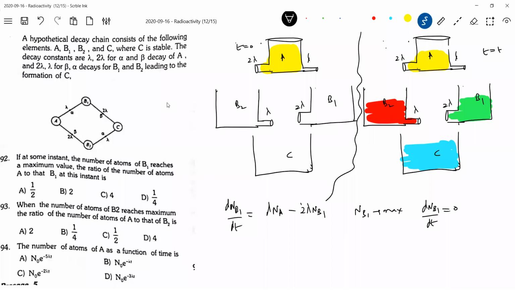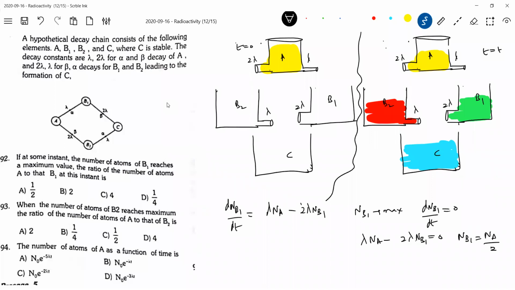So from that, what I can write is lambda Na minus 2 lambda NB1 equals 0. So NB1 is equal to how much? Na by 2.